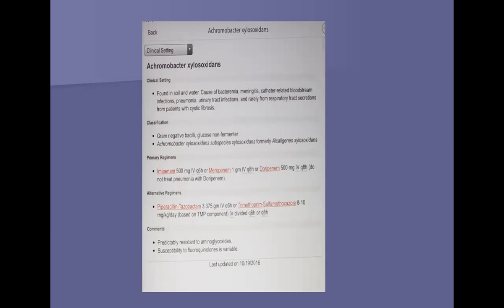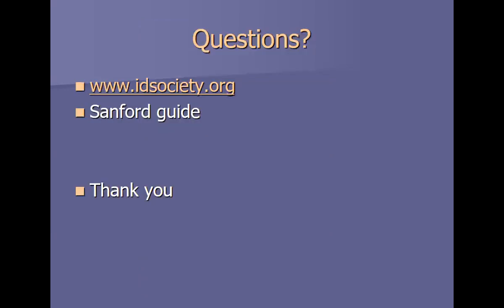For guidelines for treatment of any infections, you can go to idsociety.org, which has treatment guidelines for various infections. And then of course the Sanford Guide, which I don't have any investment in. They have an app. It's 30 a year.